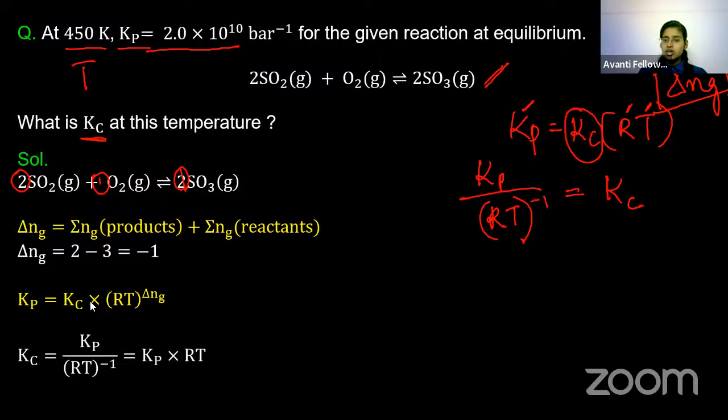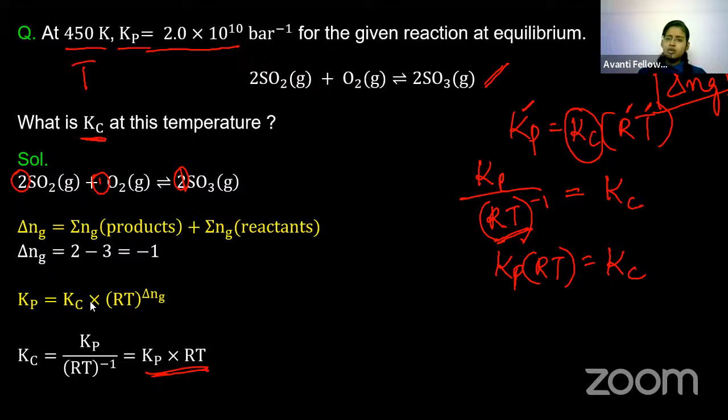So this is in the denominator with the power minus 1. If it goes to the numerator, we will have Kp into RT power plus 1, which is equal to Kc. And that is what we have got. So Kc is equal to Kp into RT.